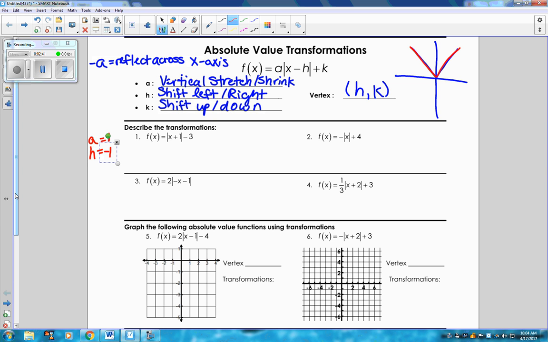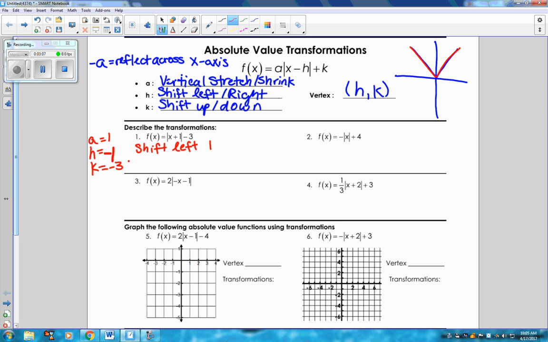Are we good with that? K is negative 3. So if A is just a positive 1, nothing changes. H is negative 1, so that means we're going to shift left 1.